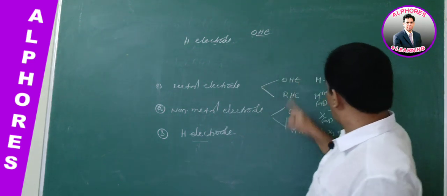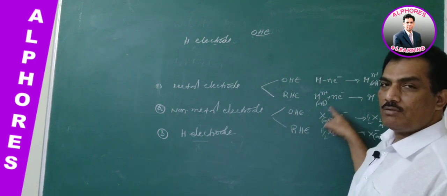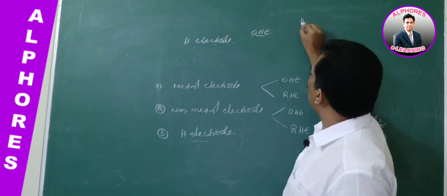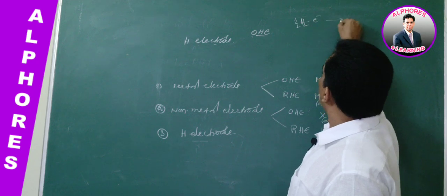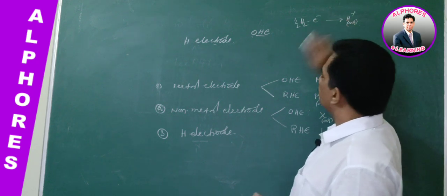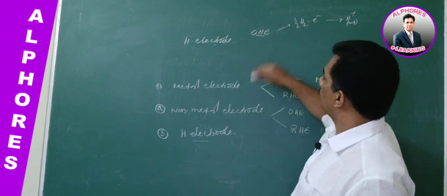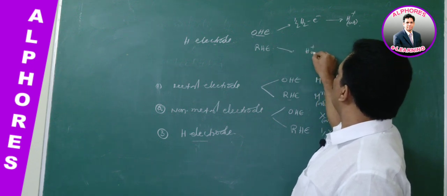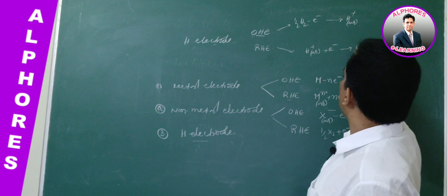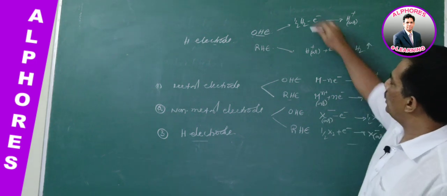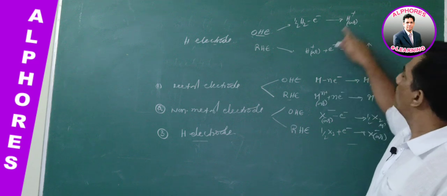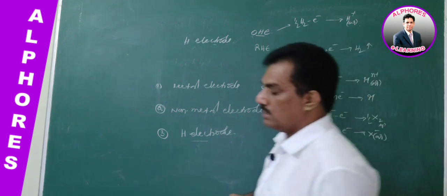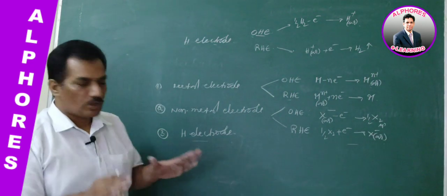Here, unlike the non-metals where the anionic part is releasing the electron, similar to metals, hydrogen, by releasing an electron, converts into H+. As RHE, this H+ by taking an electron converts into H2 gas. It is similar to the neutral being the reactant and the ionic form being the product, unlike the non-metal. That's why it is taken as the separate third electrode. You should remember all these.